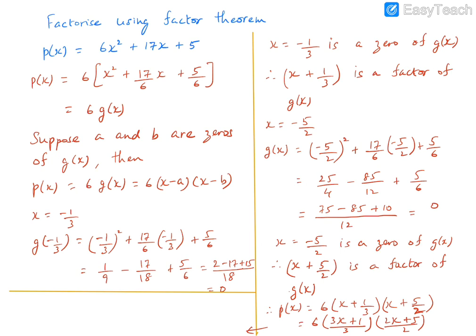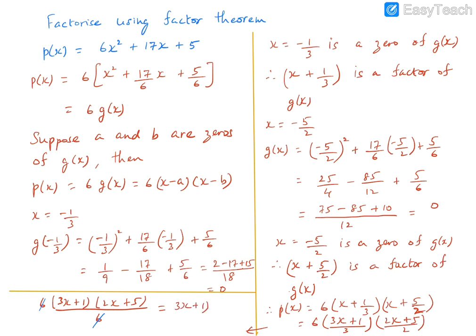We have 6 into 3x plus 1 into 2x plus 5 divided by 6. In the denominator we have 3 and 2, so 3 into 2 is 6. So we'll have the 6 and 6 cancelling out each other, and we will be left with only the 3x plus 1 and 2x plus 5 terms.